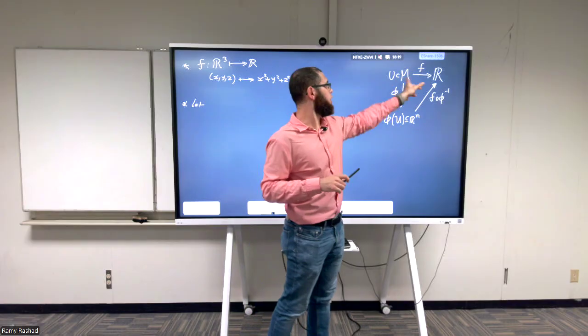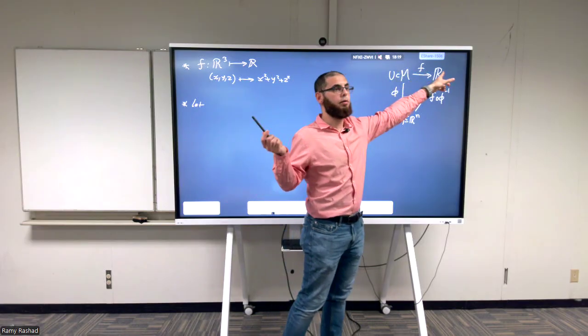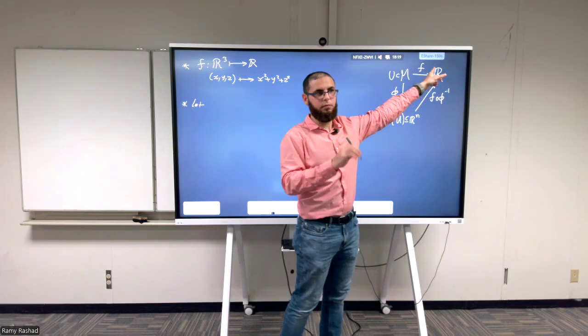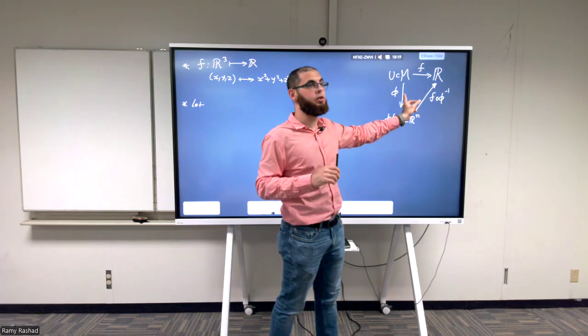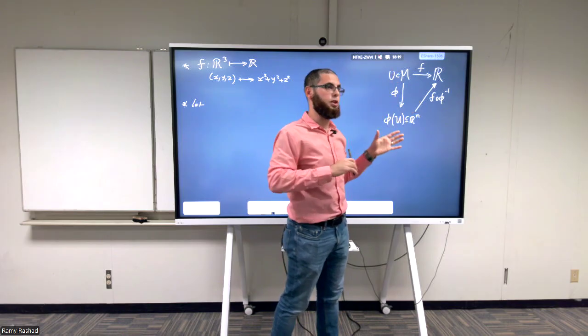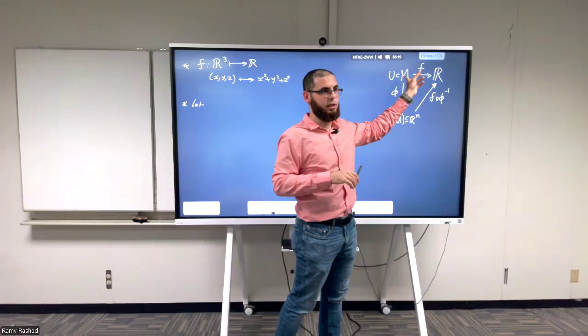But this function takes you to R, which is another manifold by itself, and a subset of Rn is where the chart takes you. So you already have this composition, or commutative diagram, between three spaces. We're no longer on the manifold itself.